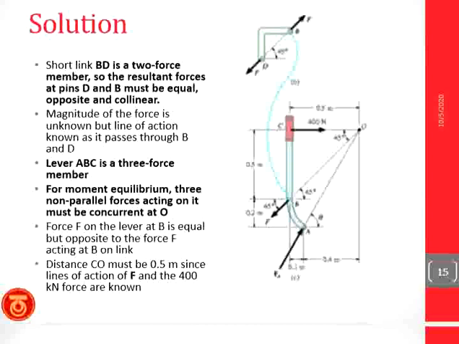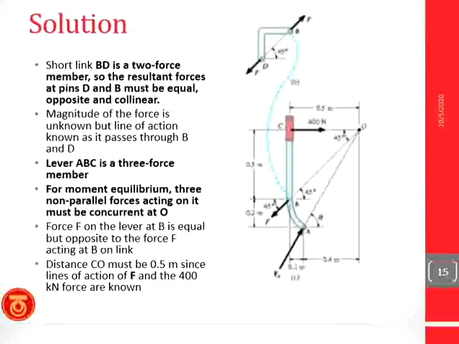Firstly, we remove the structure. This means BD and ABC. So for BD, short BD is a two-force member. So the resultant forces at pins D and B must be equal.